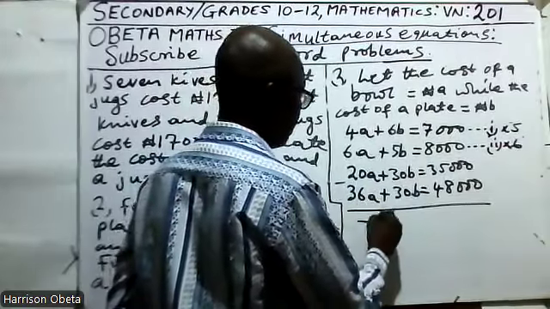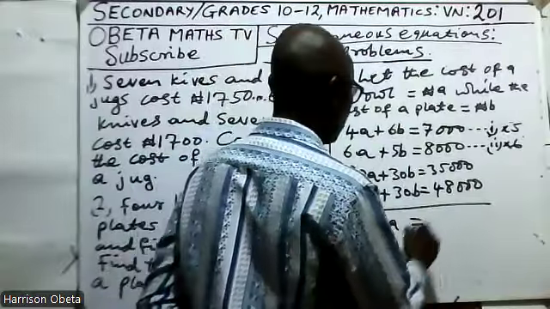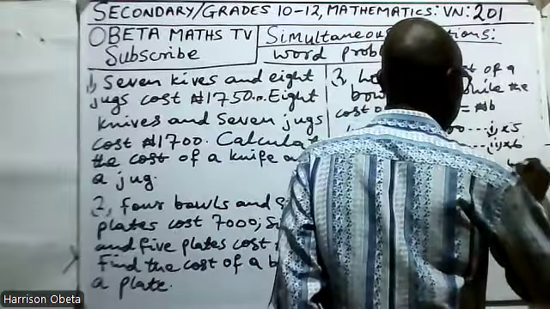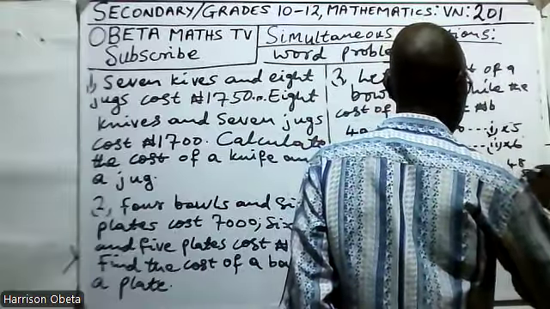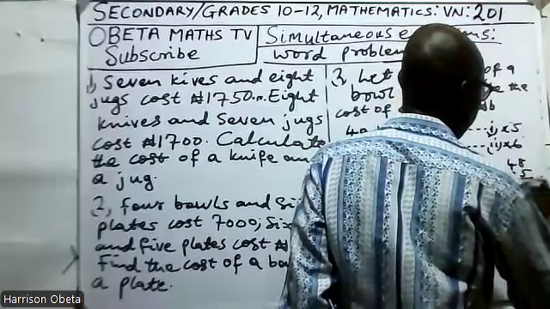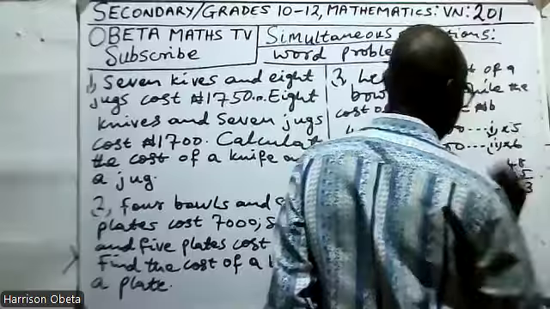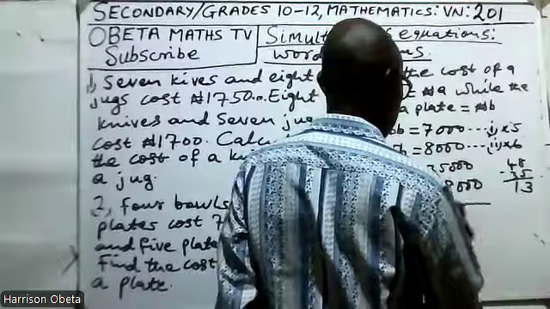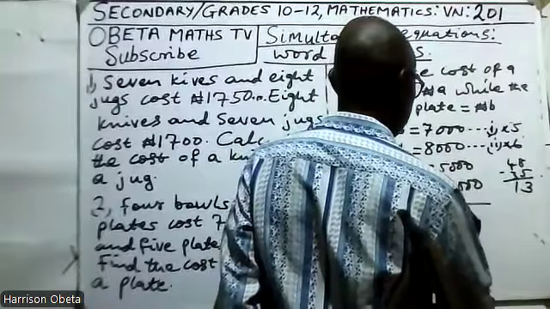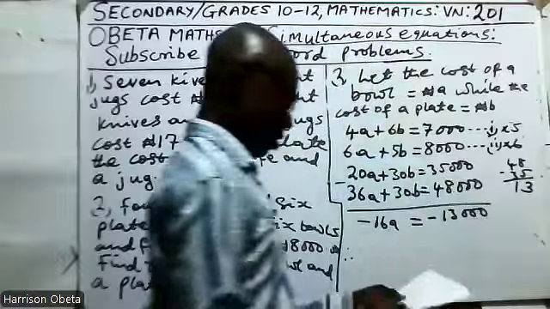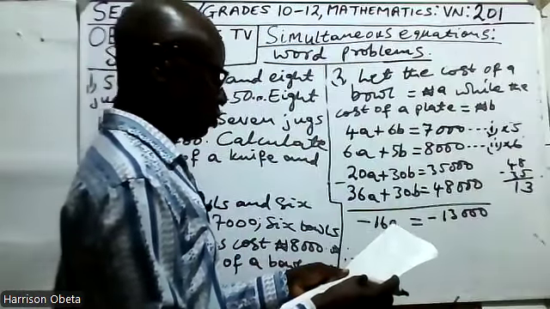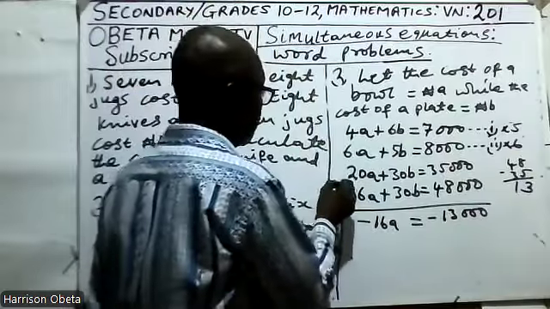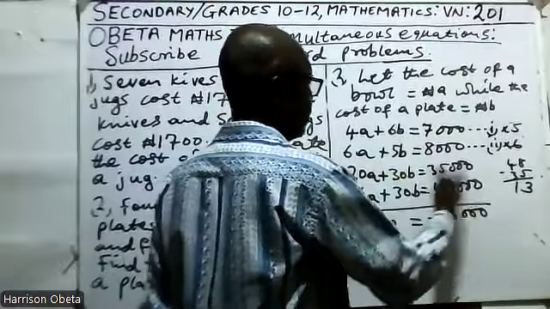This will give me minus 16a is equal to, you subtract this, and that is 48 minus 35, which is 13, so minus 13,000. Minus 13,000, because this negative here is affecting everything here.